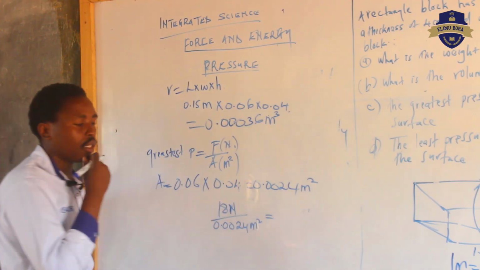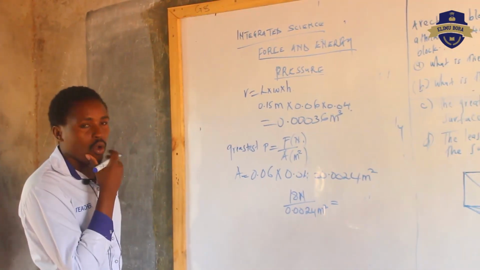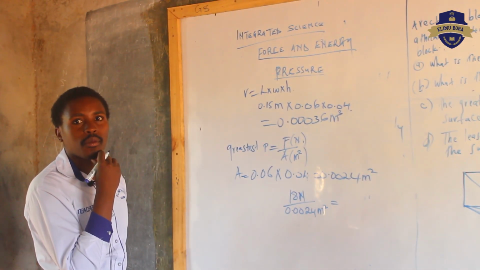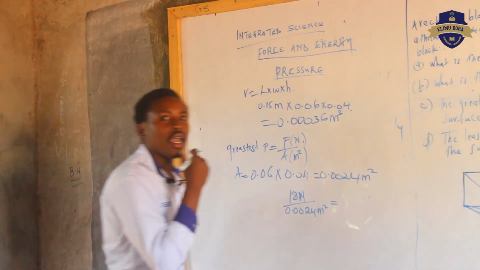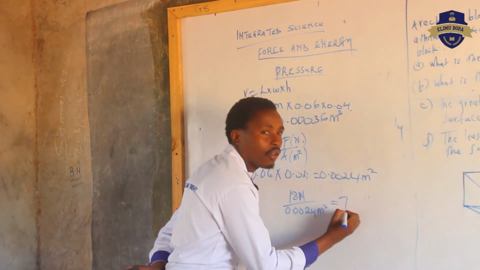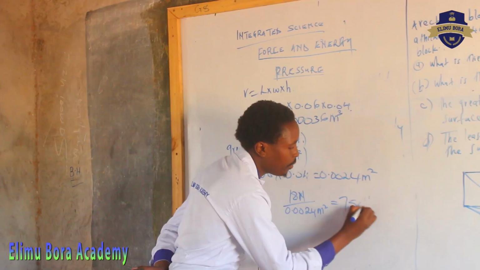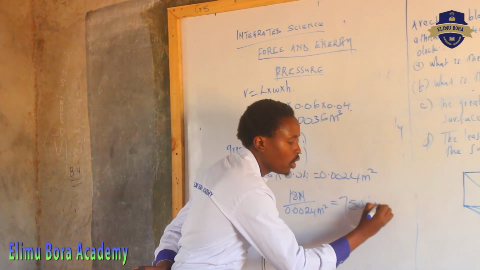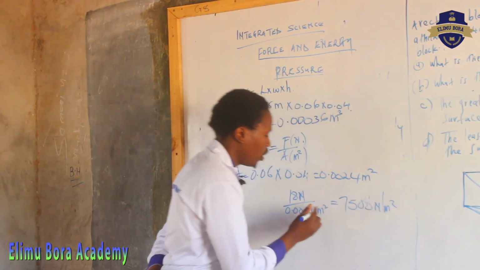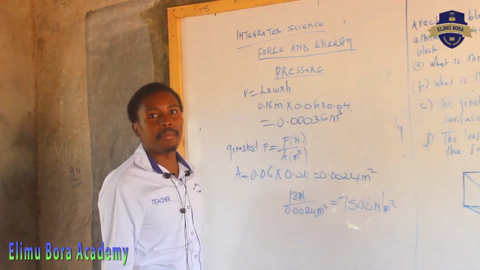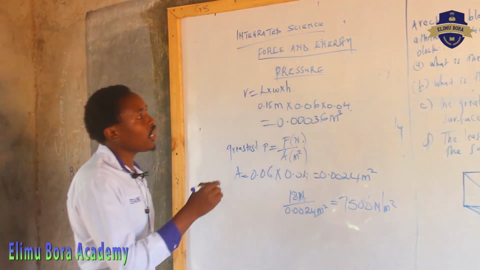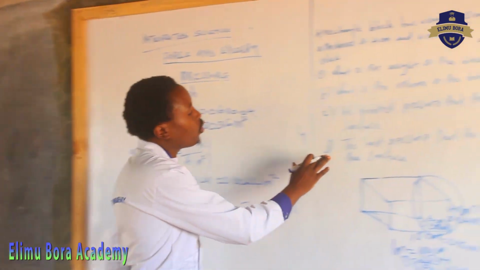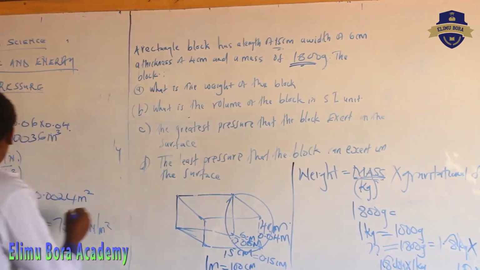What do you get, class? 7,500. So this one becomes Newton per meter square. Remember the units.